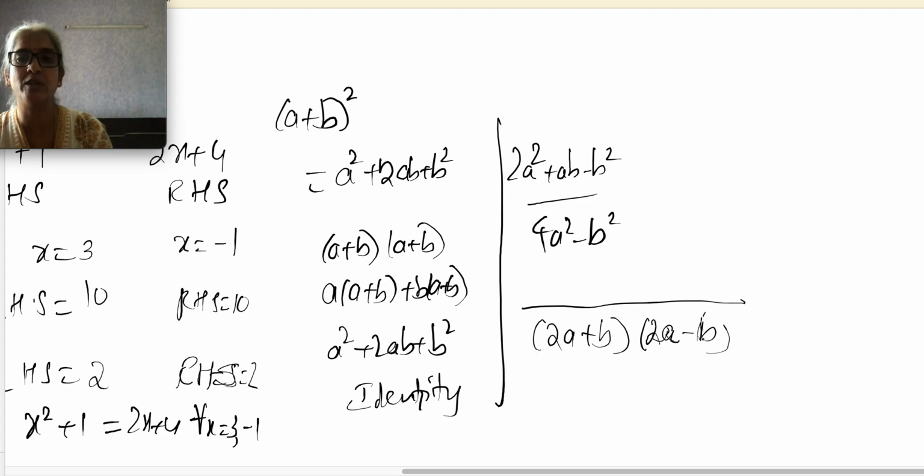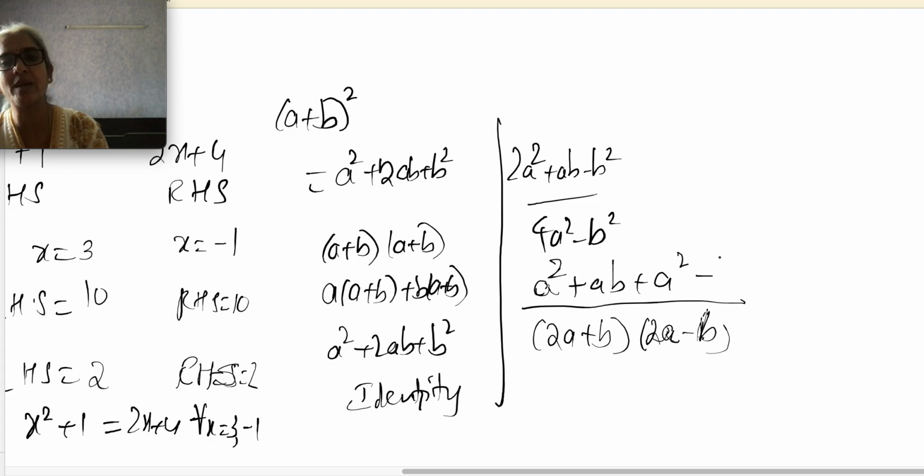So I'm just going to do that. And on my right hand side, the denominator only has 2a plus b. That means somewhere 2a minus b is getting cancelled. So let me go back to my numerator and try to rearrange the terms. Instead of 2a square, I'm going to write it as a square plus ab plus a square minus b square, right?